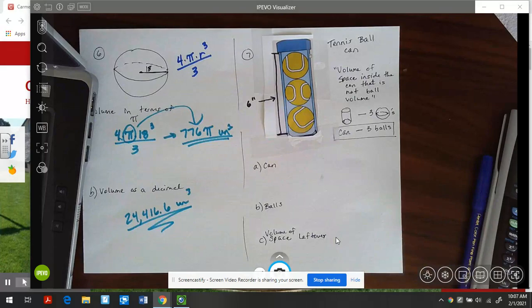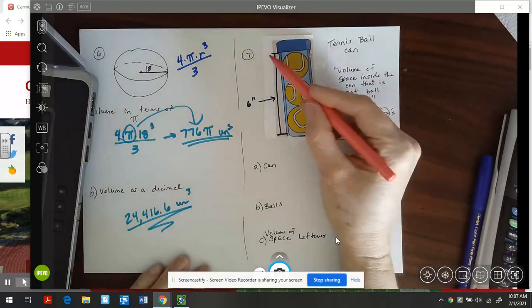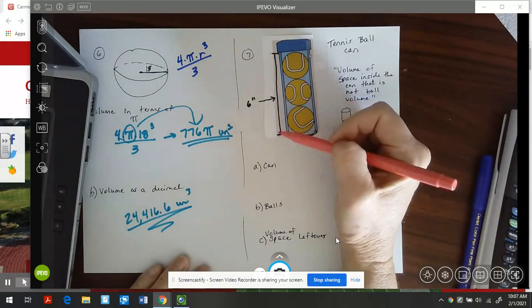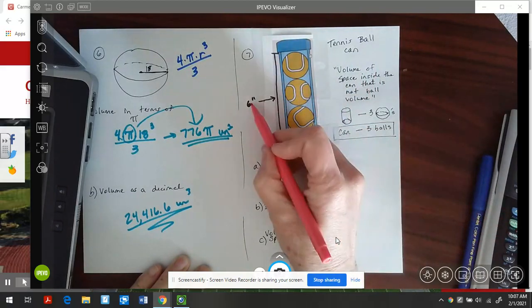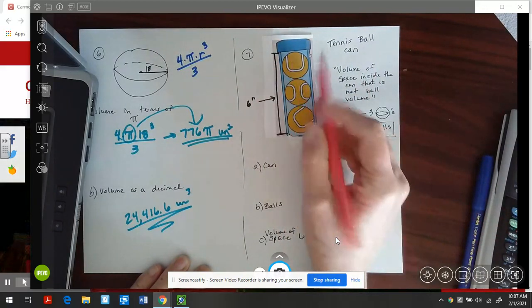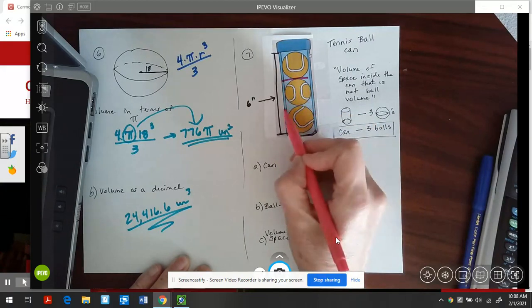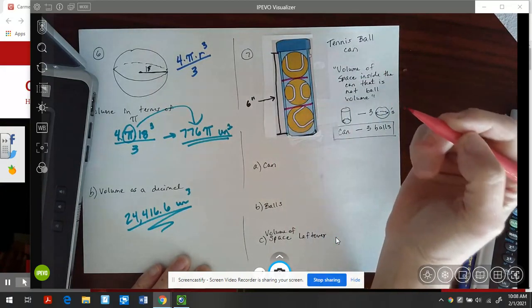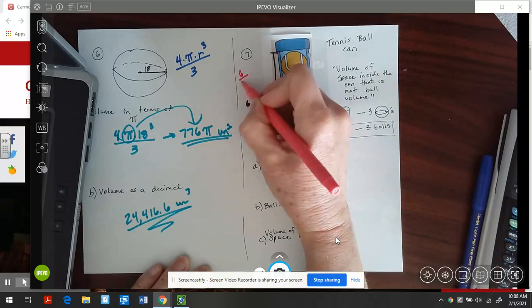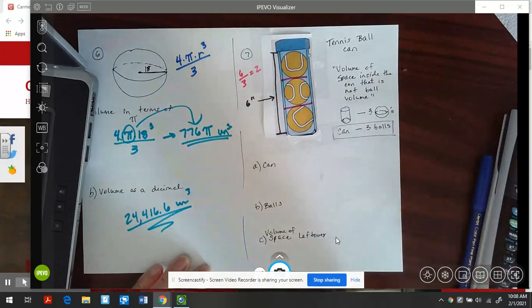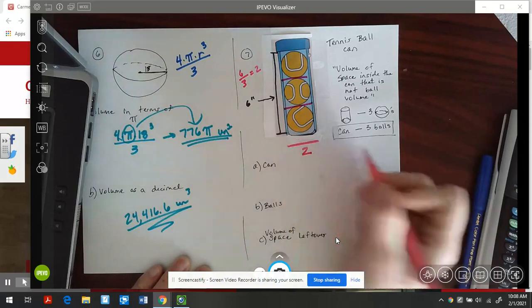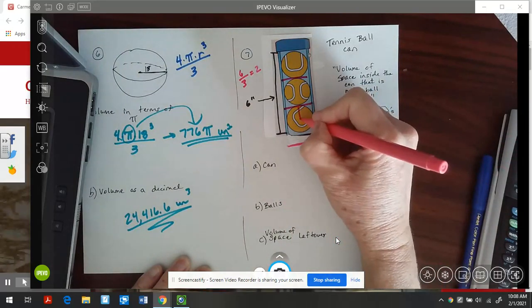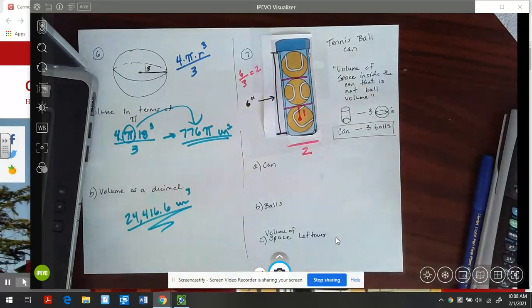So these are distributed, they have to be the same dimensions to fit in the can this way. So if 6 is for 3 balls, then each ball has a diameter of 2, right? Which means that the can has a diameter of 2, and these each have a radius of 1. These are important.